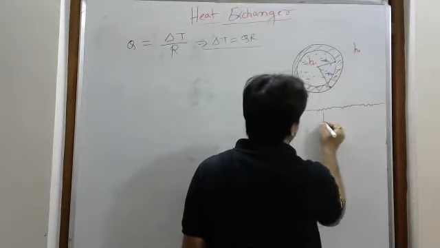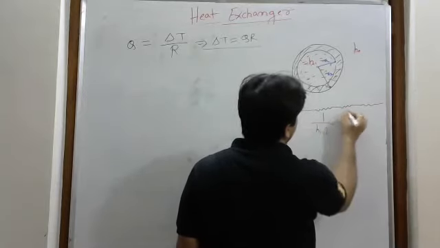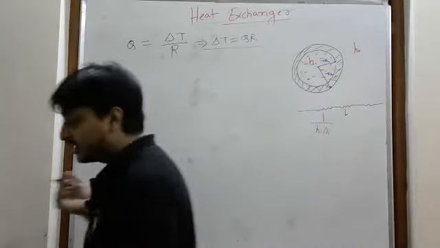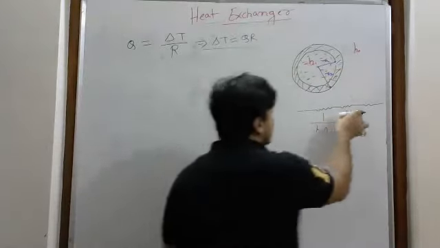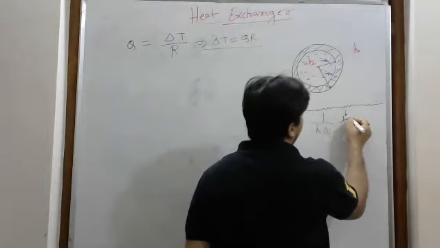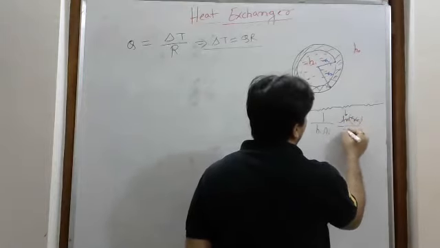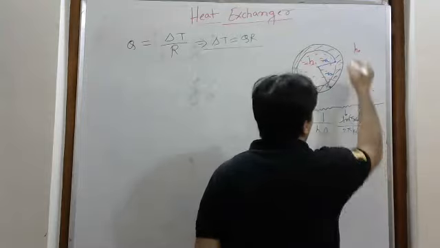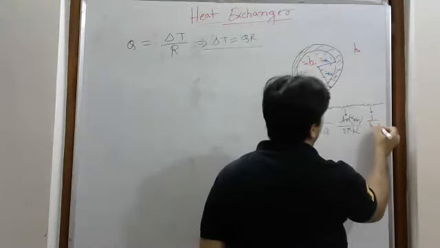This is 1 by HiAi. This is the wall: for a cylinder, it is ln(R2 by R1) by 2 pi K L, where L is the length of the pipe. Next is 1 by HoAo.